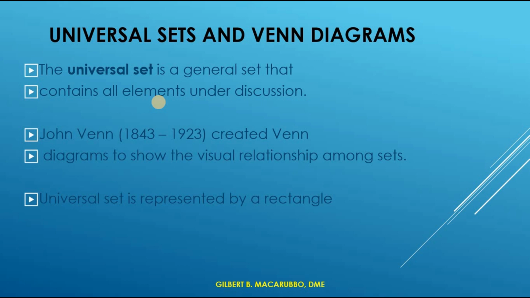Universal set is represented by a rectangle. Subsets within the universal set are depicted by circles or sometimes oval or other shapes.